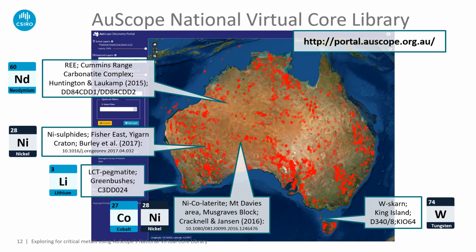Here I highlighted some of the locations of these data sets, and I invite everyone to browse through the AuScope Discovery Portal and select some of these data sets, download the data, open them in the TSG software package, and start your research in these fields.